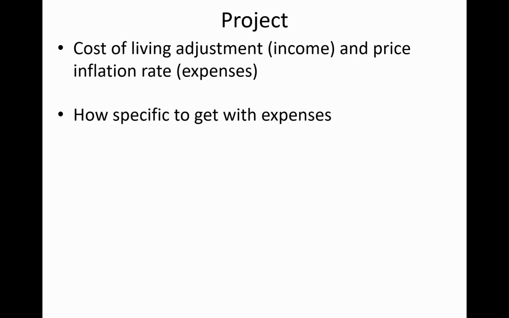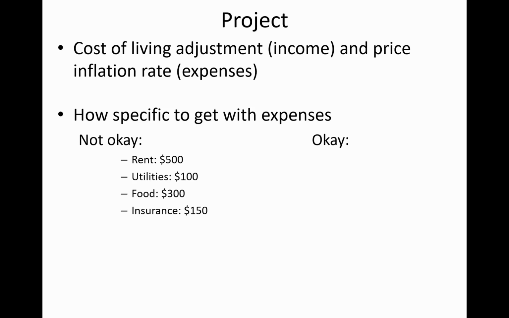Now, I sometimes get questions from students about how specific you need to be in developing an analysis of your expenses. What's not okay is to just pick some round number as a budget and say I'm going to set aside $500 a month for rent and $100 a month for utilities.